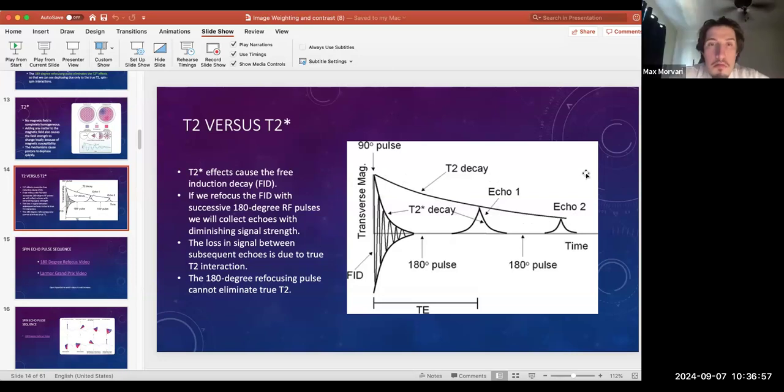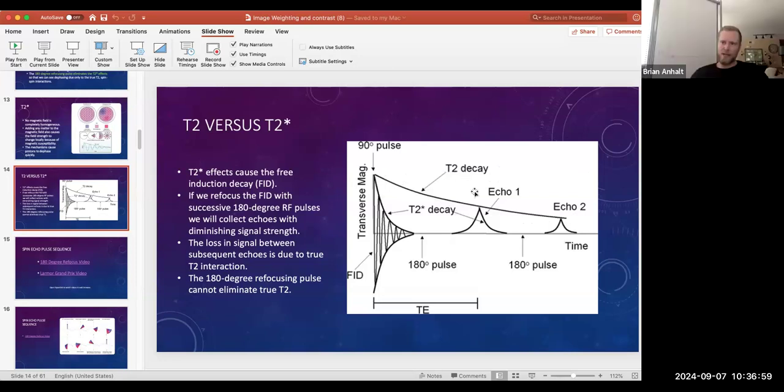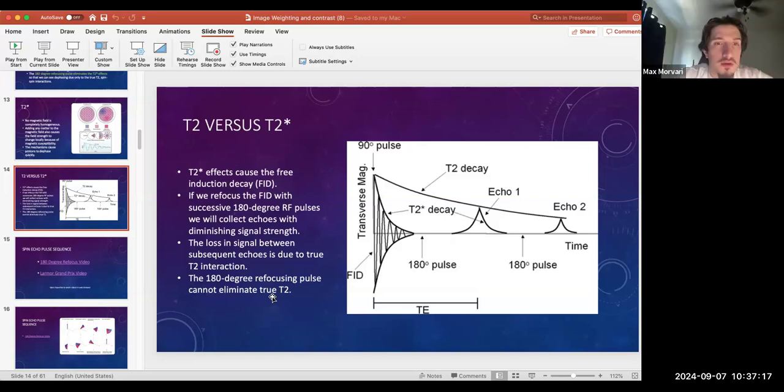Got it. And the reason for that is true T2 decay is going to continue to happen. So the signal is going to be continuously less and less, even when we do refocus it. And that loss of signal over time is not going to be compensated for by the 180-degree refocusing pulse. Got it. Okay.